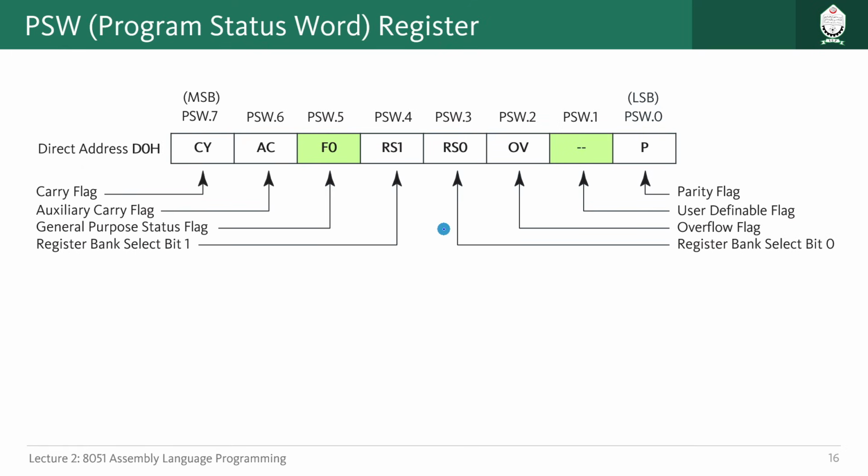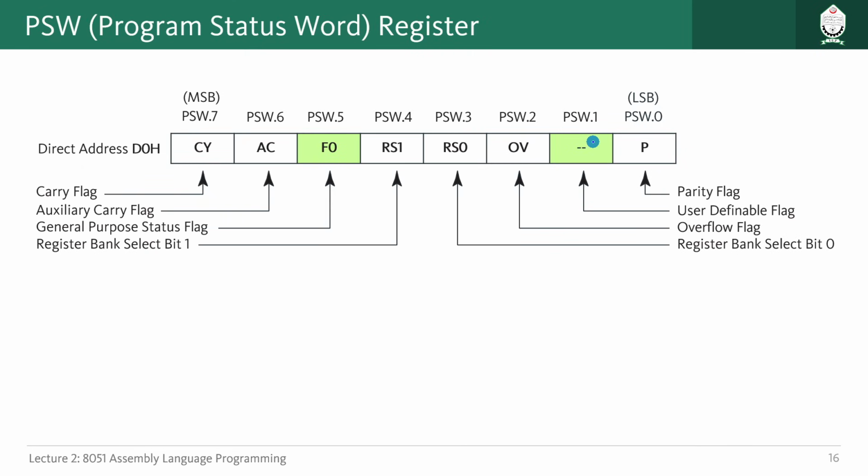We can use them as a flag and define ourselves on what condition they should be set and reset. One of them is PSW.0, also called F0, and the other doesn't have any kind of name, but this is PSW.1. So you can call this particular bit PSW.1 through assembly language. So that is the idea.